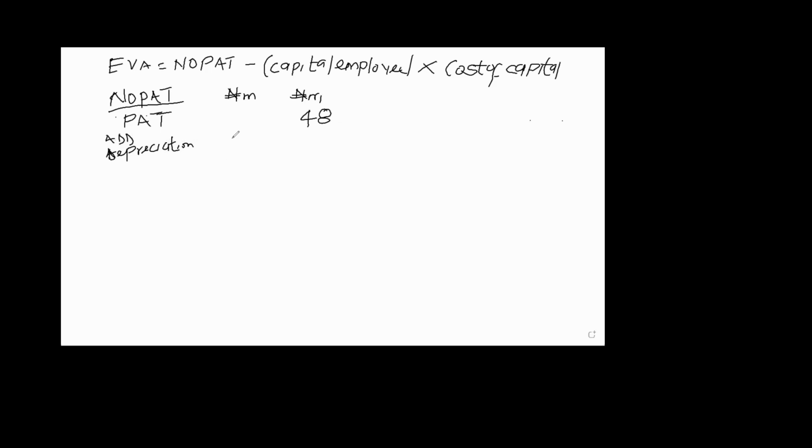Add back item, 28 million. Now check. Also look at 2020. We have interest net of tax.